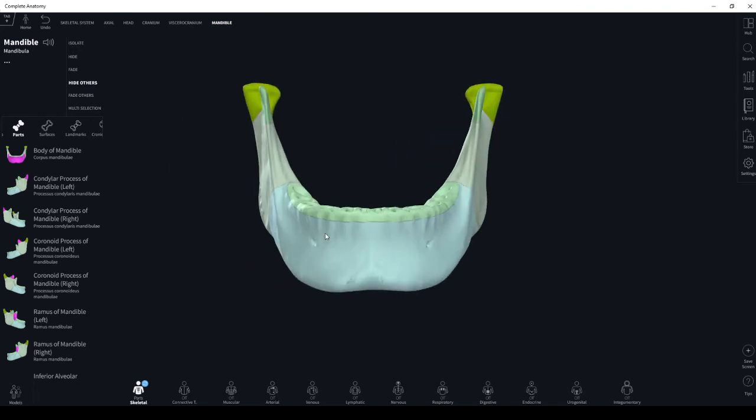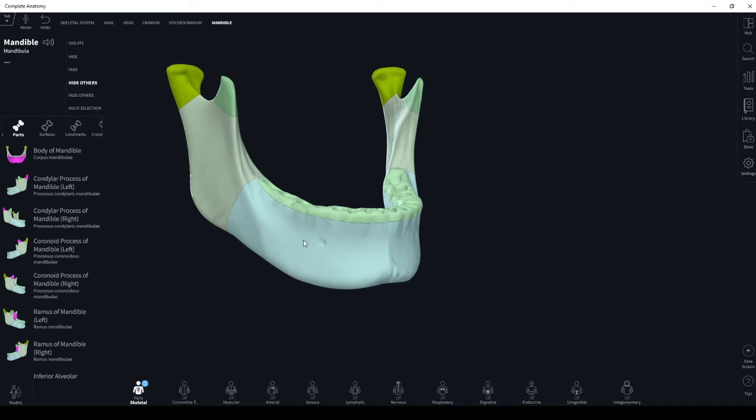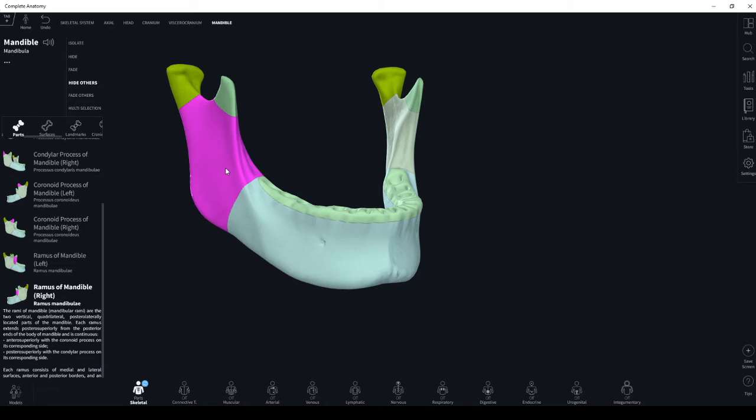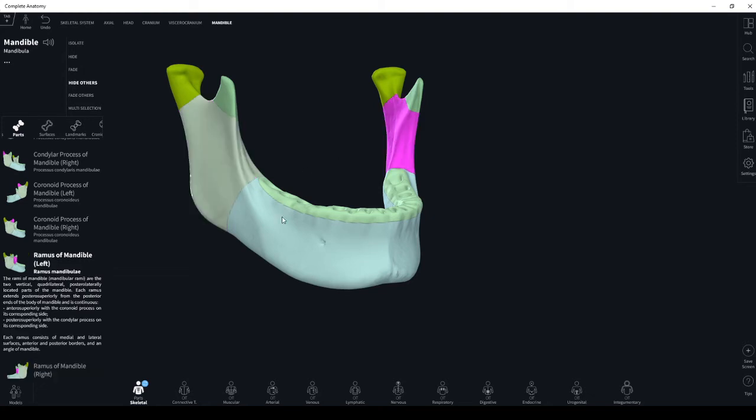It has several parts, such as the body of the mandible, corpus mandibulae, and the ramus mandibulae, two parts. The ramus is paired.